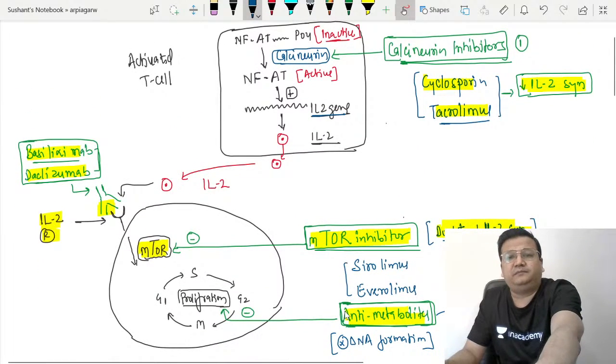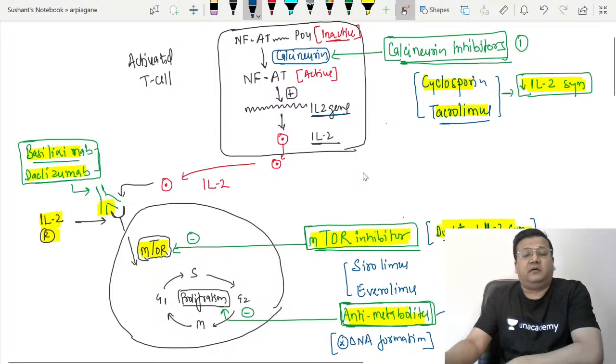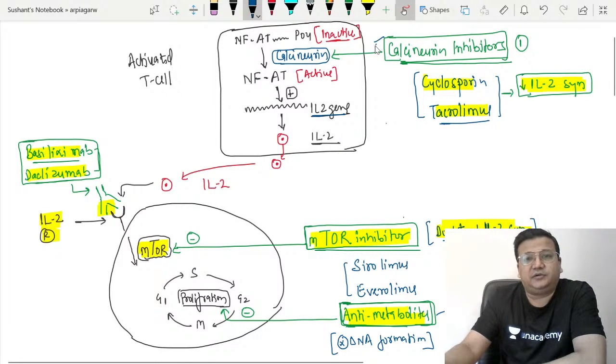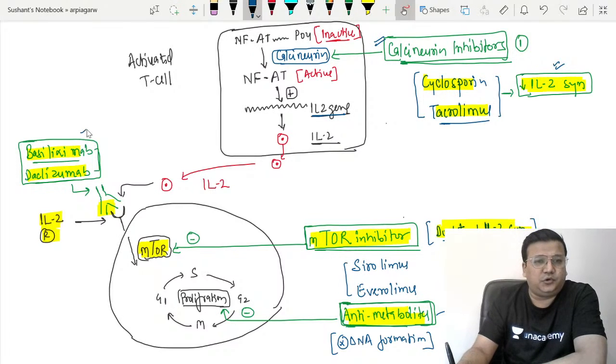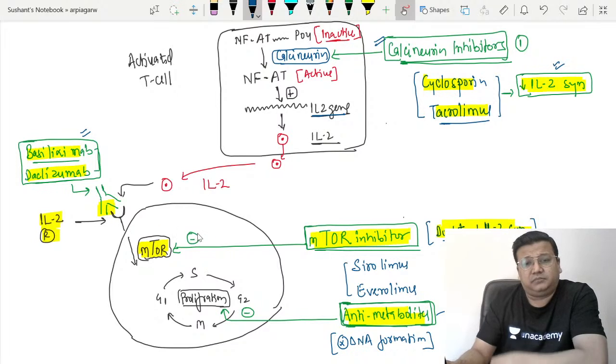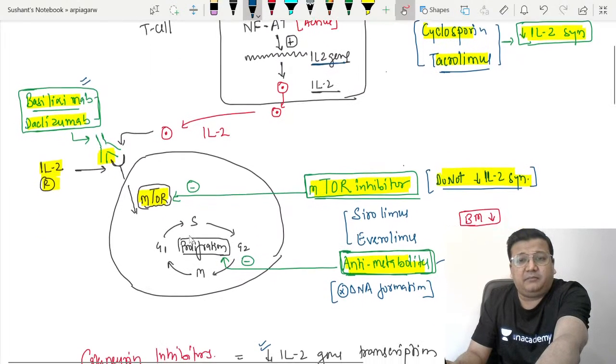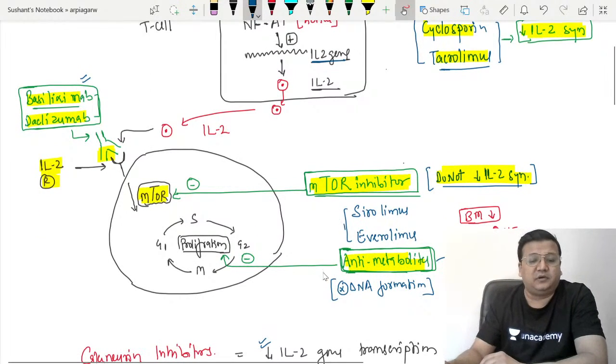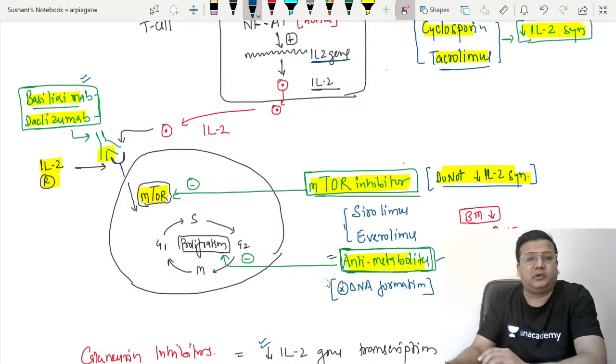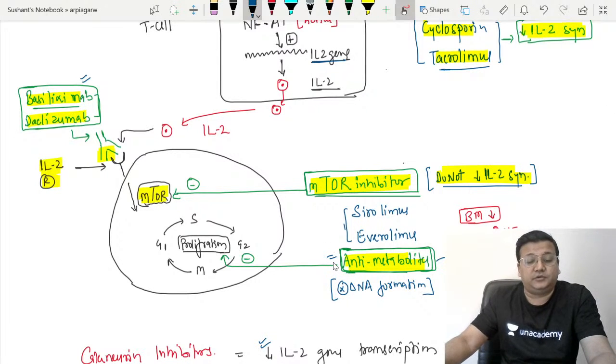This diagram shows you the mechanism of calcineurin inhibitors, which will decrease interleukin-2 synthesis. It will show you basiliximab, daclizumab, which will block the interleukin-2 receptor. It will show you the actions of mTOR inhibitors, sirolimus, everolimus, and the antimetabolites, the main types of immunosuppressant drugs.